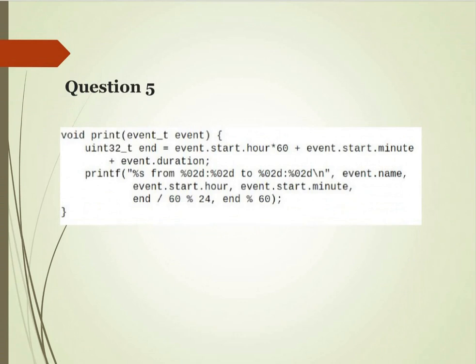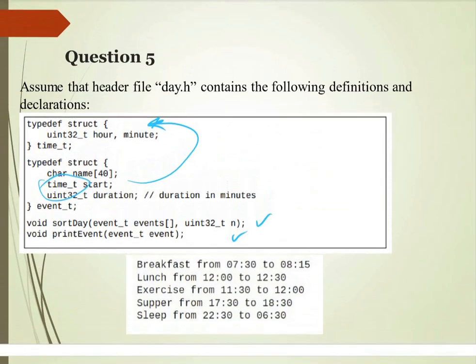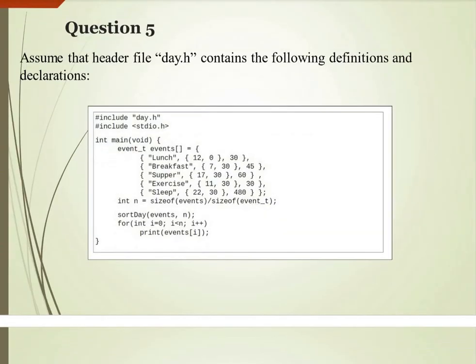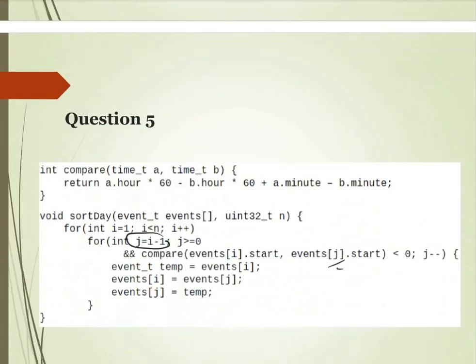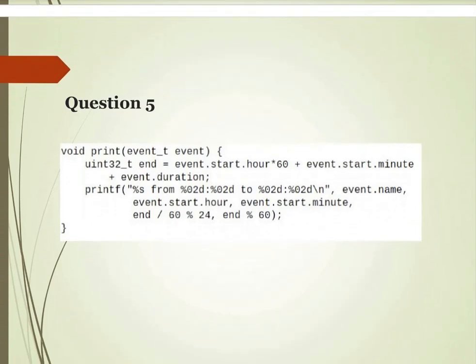The only thing we need to do is, if we look at how the output should look, it says breakfast from 7:30 a.m. to 8:15. So 8:15 is the end time, and we don't have an end time in our file. It's just the start time and the duration. So what we calculate in the printf is the end time.